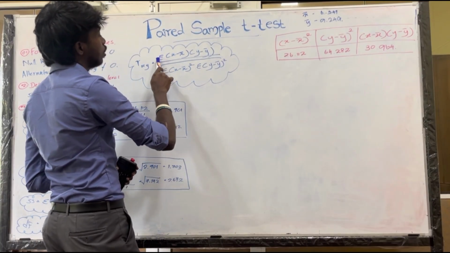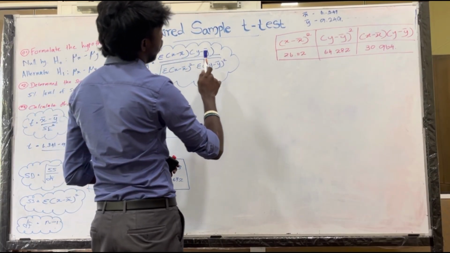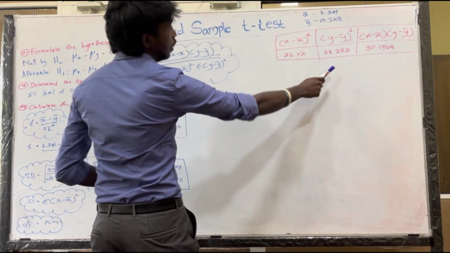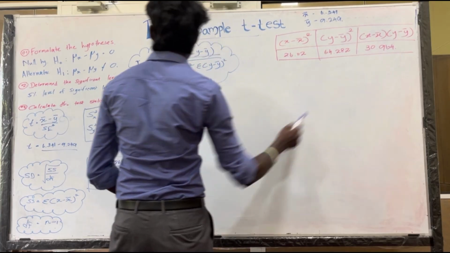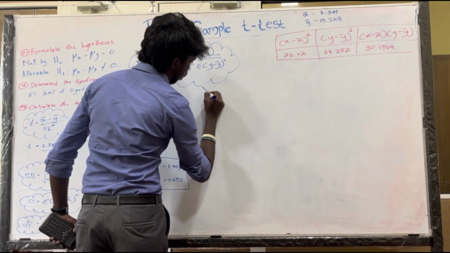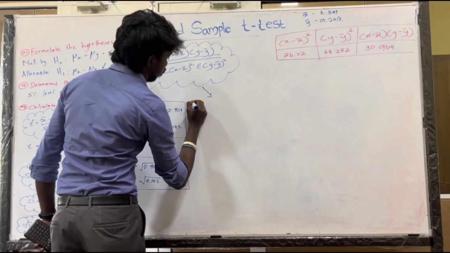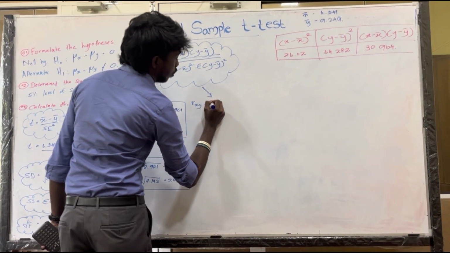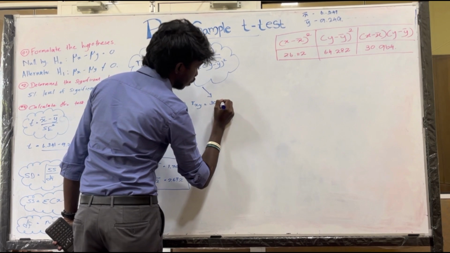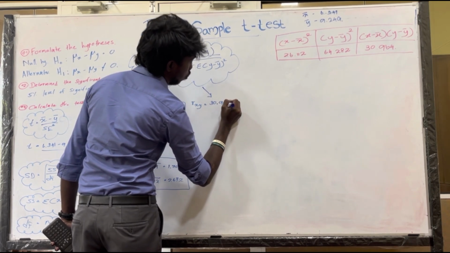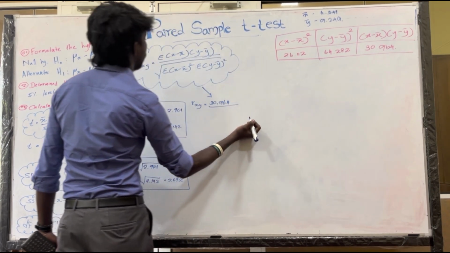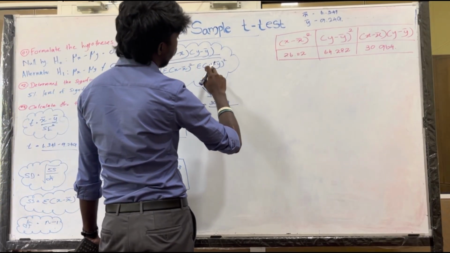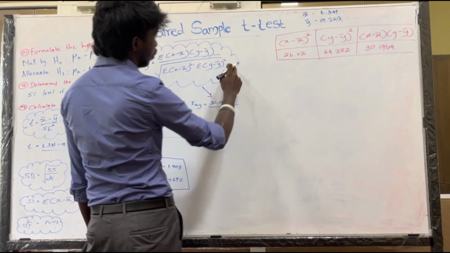First, we need sigma x minus x bar times y minus y bar. I previously calculated this, 30.964. So 30.964 divided by the square root of sigma x minus x bar to the power 2 multiplied by y minus y bar to the power 2.